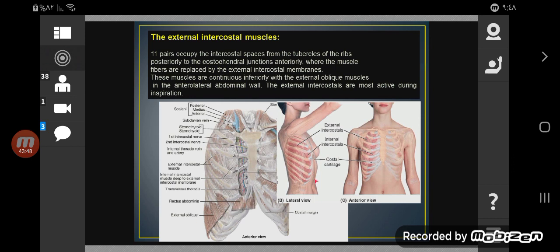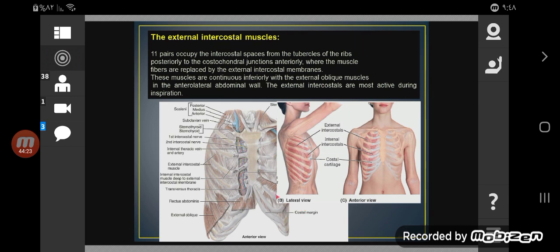Okay, I mean that if you divide the intercostal space into four parts, anterior 1/4, middle 2/4, and posterior 1/4, innermost intercostal is limited to this region, the middle 2/4.